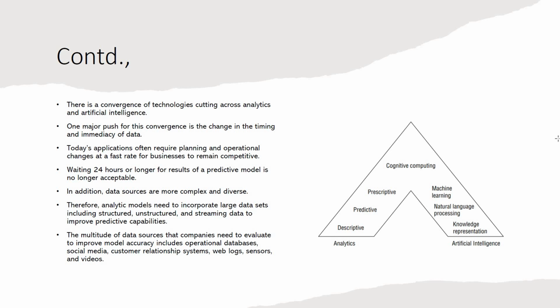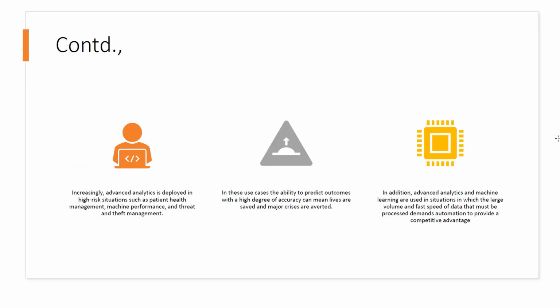So analytic models need to work in conjunction with artificial intelligence to ensure that we are getting right results, and most importantly we will also have to think about including structured, unstructured and streaming data to improve predictive capabilities. So this is a very important aspect which we need to understand, that the technology has to converge. Analytics and artificial intelligence must converge together to get you cognitive computing.